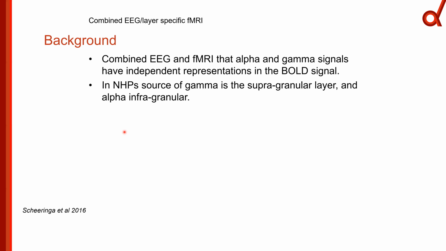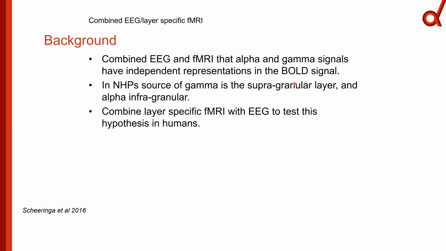And also we knew from non-human primate experiments that the gamma is mainly coming from the supragranular layer in early visual, and the alpha from infragranular. So the aim was rather ambitious, and it cost an awful lot of time and effort, but the aim was to combine layer-specific fMRI with EEG to test this in humans.